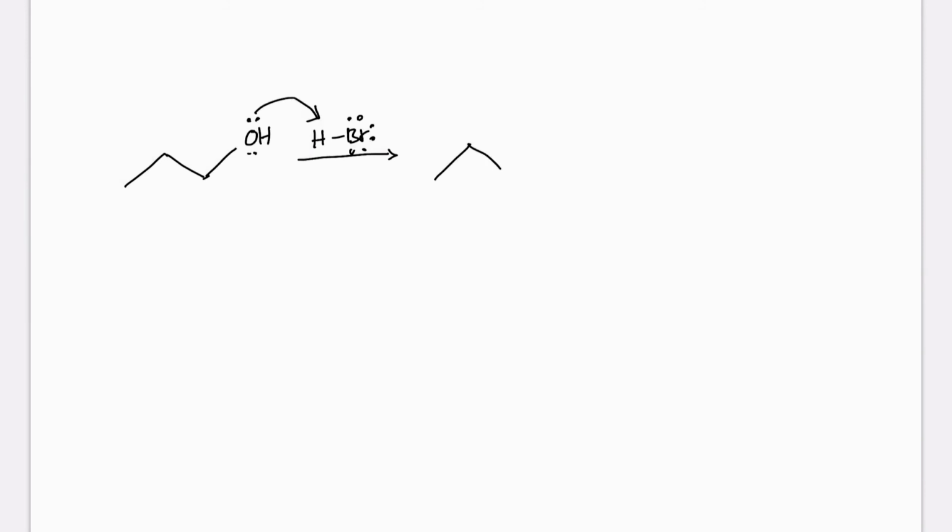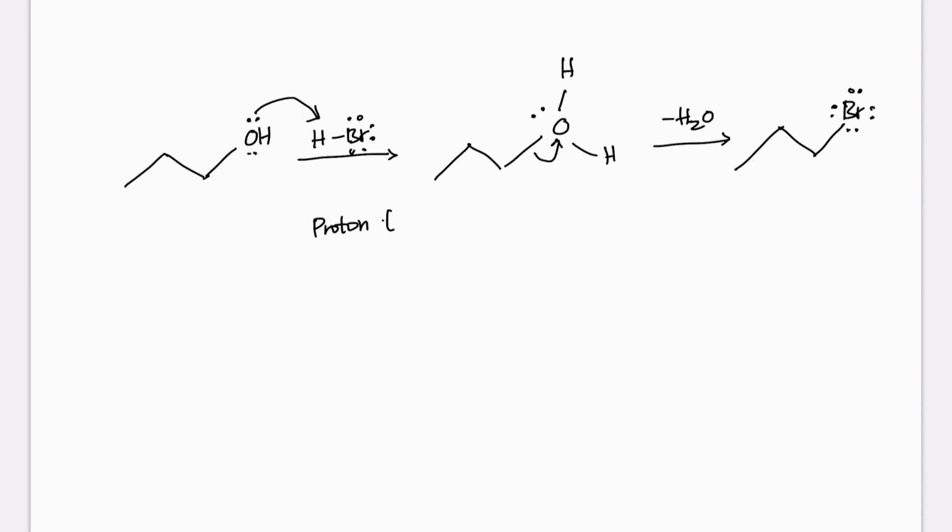The oxygen takes the hydrogen, and it wants its electrons, so it takes the electrons from the molecule and leaves as a leaving group, losing H2O. You are left with bromine getting attached to the system. So you have proton transfer in the first step, and in the second step, the loss of the leaving group and a nucleophilic attack.